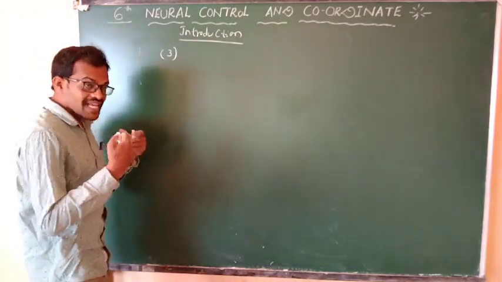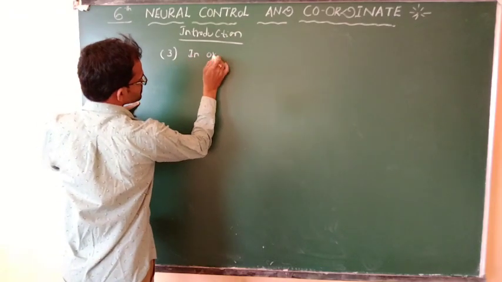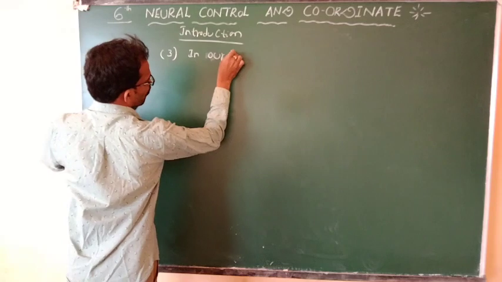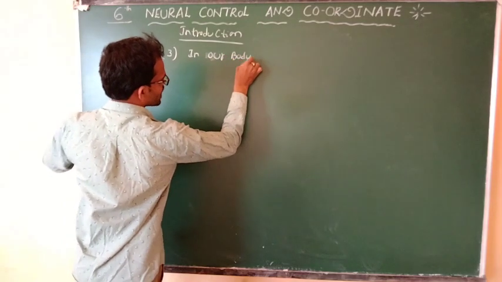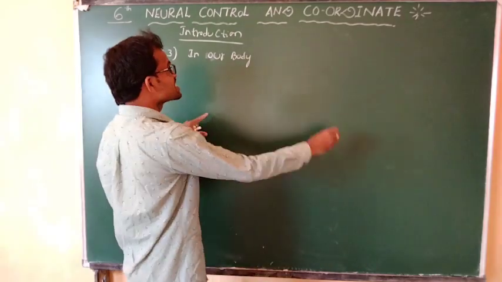After the introduction, in our body there are two types of control and coordination systems.